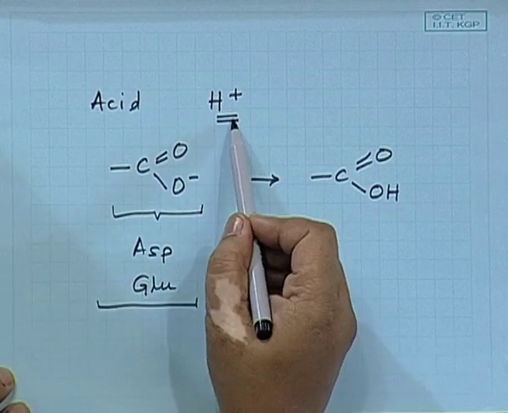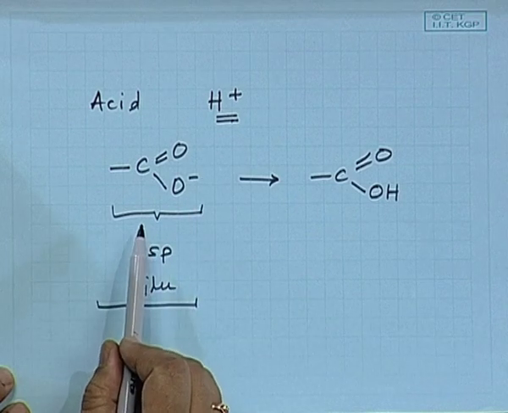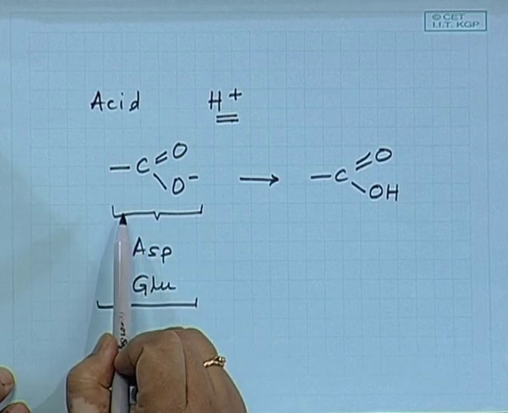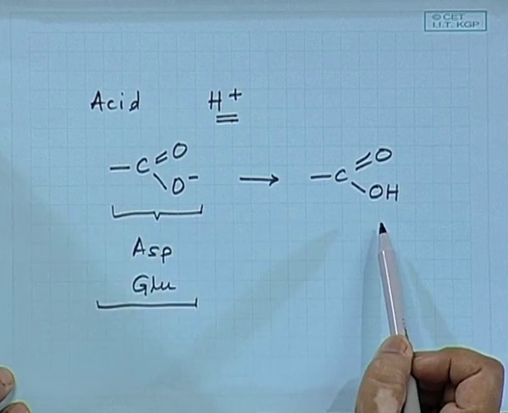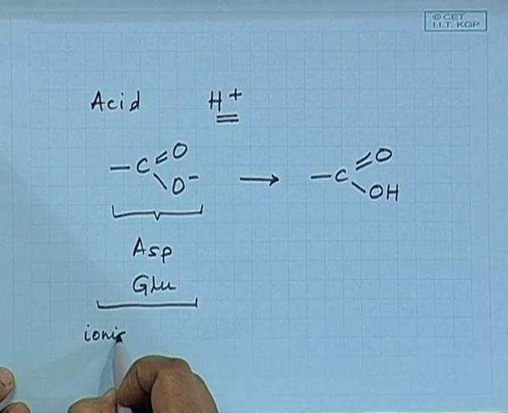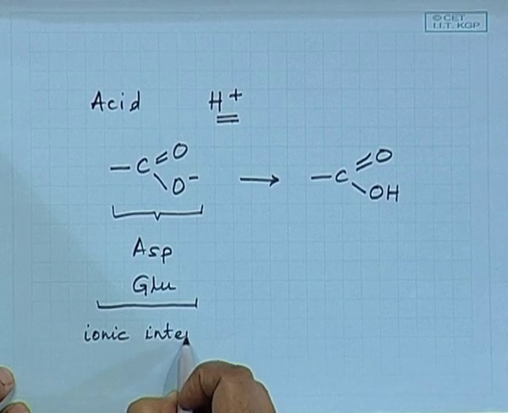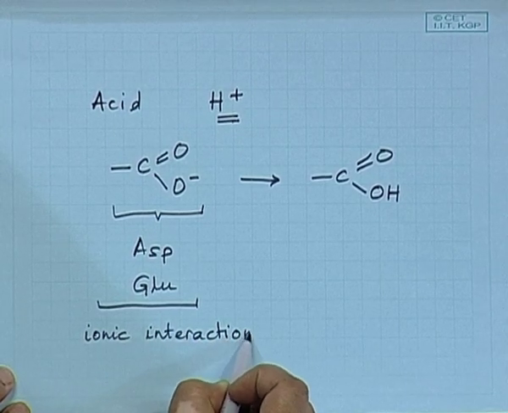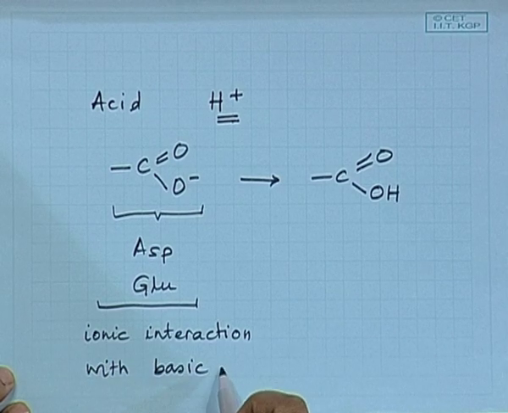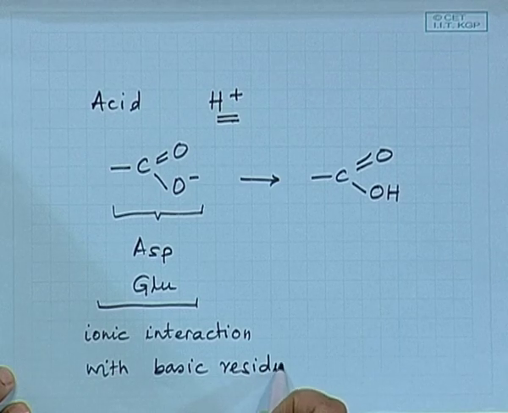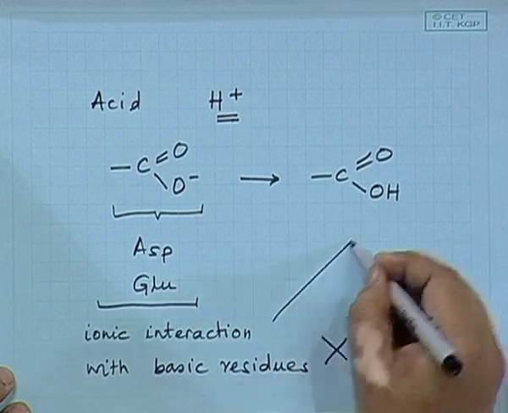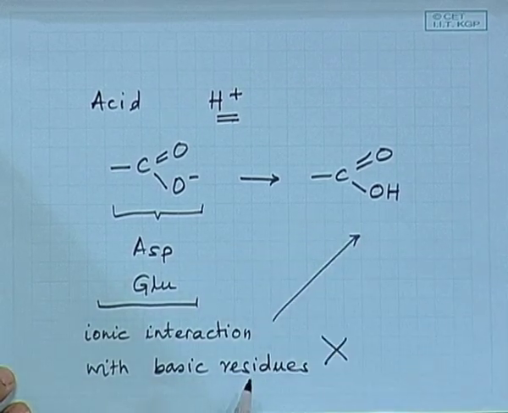Any acidic group that had the free carboxylic group in its ionized form would get protonated, and if this aspartic or glutamic acid could form an ionic interaction with basic amino acid residues, what would happen to those? They would no longer form. Once I get into this form, it is not possible for the ionic interactions to form.